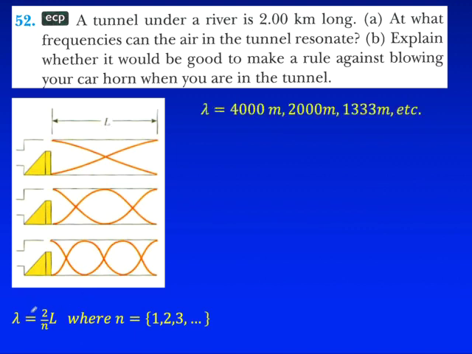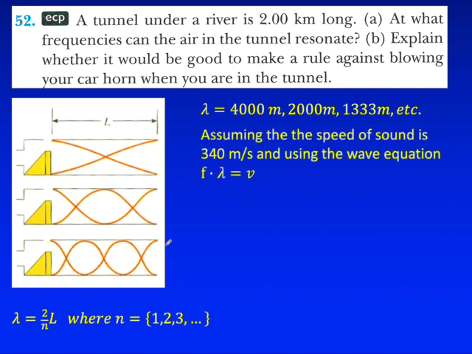If you plug it into this formula down here, you'll discover lambda is 4,000, 2,000, 1,333, and what's the next one in the pattern? 1,000 meters, et cetera. Just keep going and they get shorter. Assuming the speed of sound is 340 meters per second, I think at the beginning of the questions in your book, it tells you to assume that for sound.